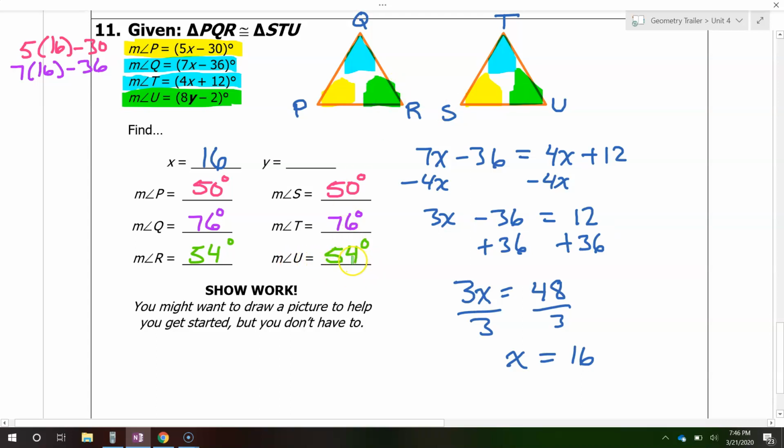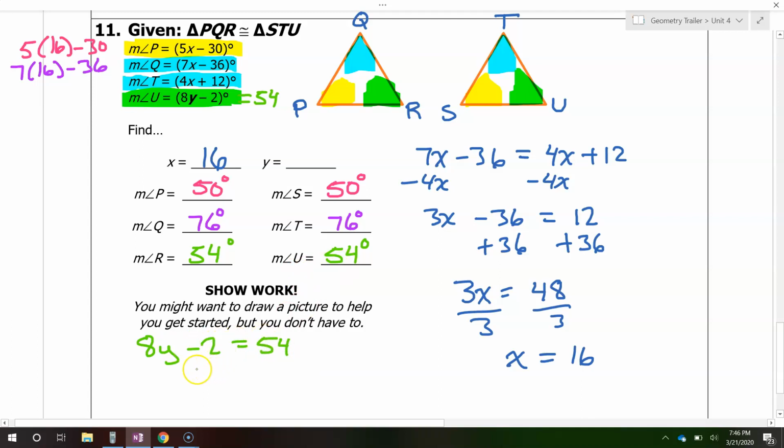Angle U is 54 degrees. So we should be able to set this equal to 54 degrees. This should equal 54 because angle U equals 54. So let's do that down here. So we have 8y minus 2. We now know that angle U is 54.